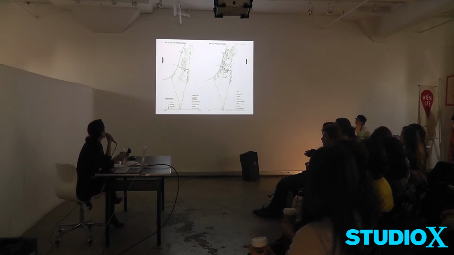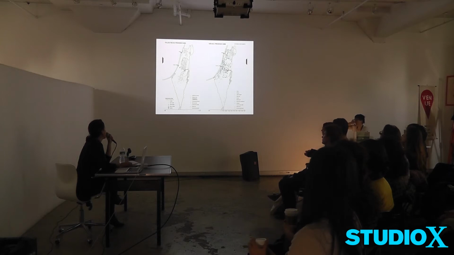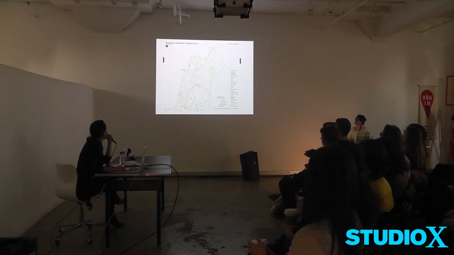Again, you see how the settlements are increasing, and it seems like there is an almost seamless relation between the State of Israel and the occupied Palestinian territories from 1967. And those are the two maps on top of each other, and when you see this reality, you cannot imagine how someone can draw a border which defines Israel and Palestine on this land.